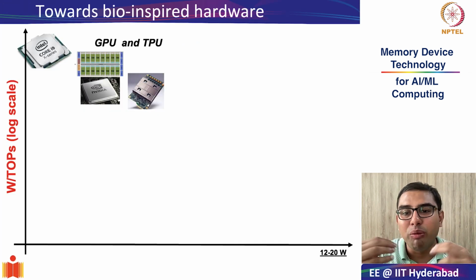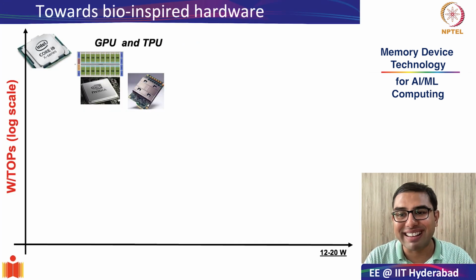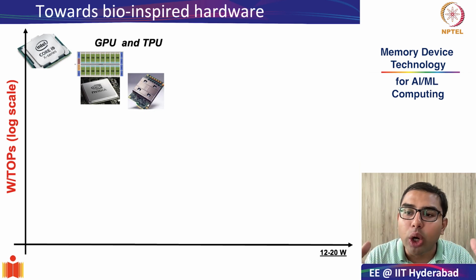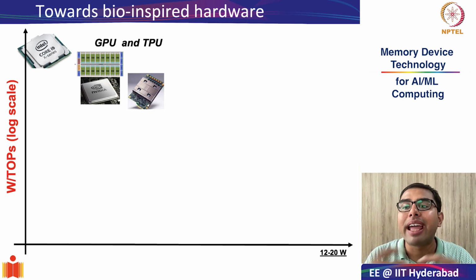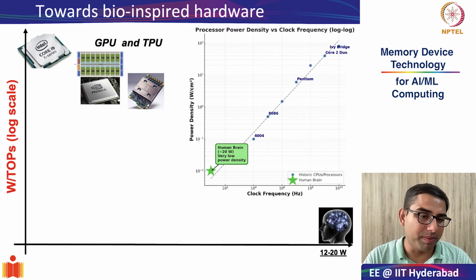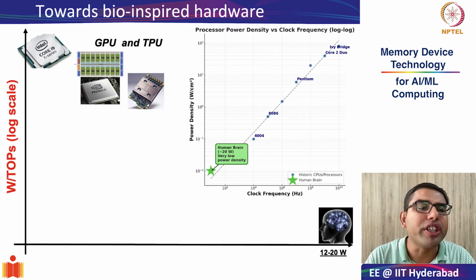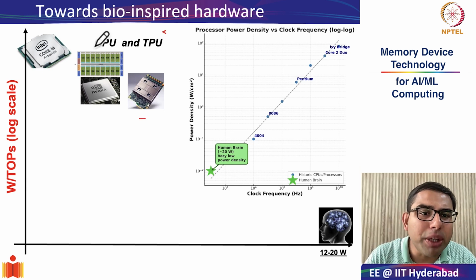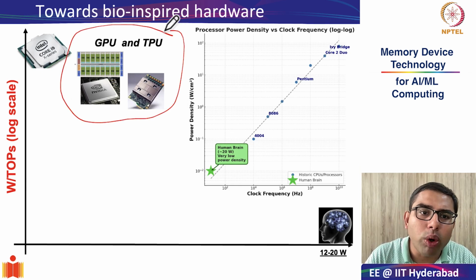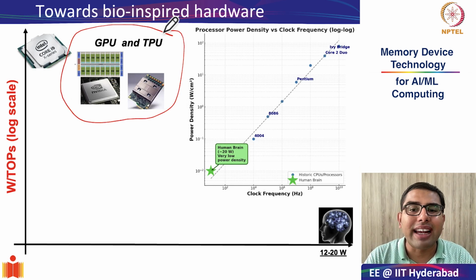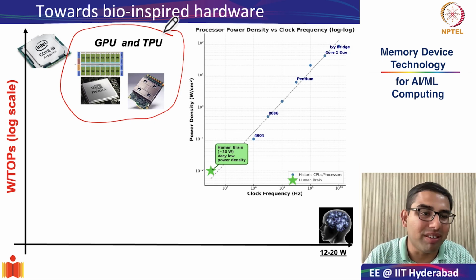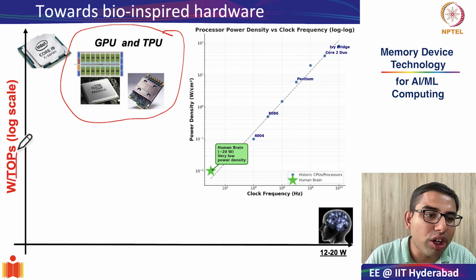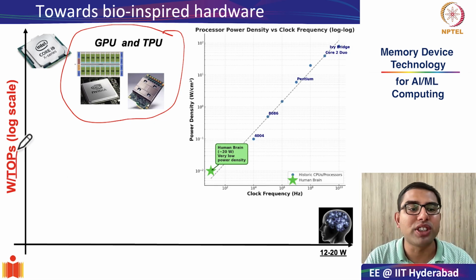Remember, this was where we concluded our previous class. We basically looked at the computational efficiency of modern-day CPUs and GPUs and compared it to the human brain. Essentially, what we saw was modern-day GPUs and CPUs do a fantastic job at giving a lot of computational power, which is measured in TOPS or tera operations per second.